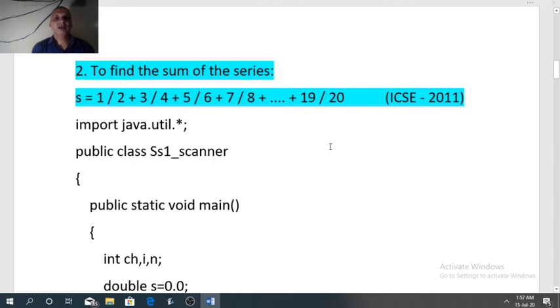And for finding the denominator, we can simply write I plus 1. Since I is controlling the numerator and the denominator is 1 more than numerator. So the logic will become I by I plus 1 for finding each term of the series.